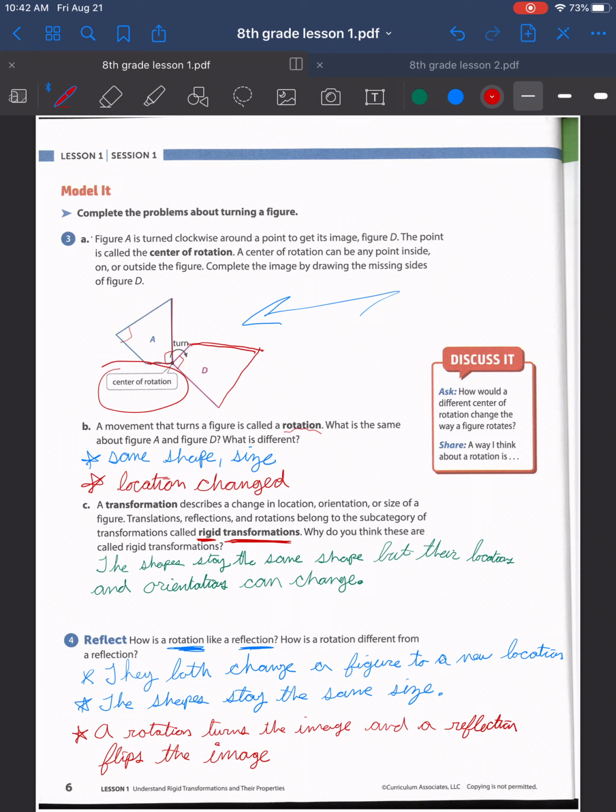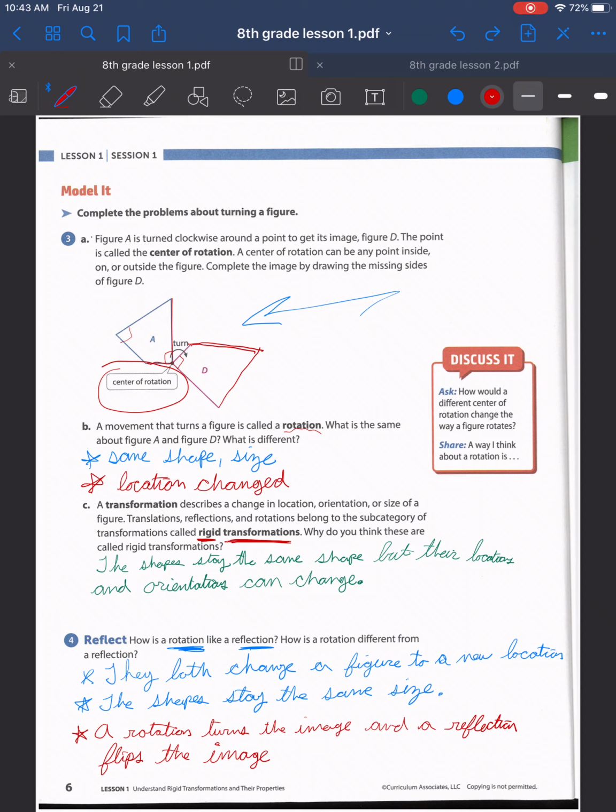Okay, so that is the end of lesson 1. Remember, we have rotations, we have reflections, we have slides, which are called translations. Those are all things that we're going to be learning about this lesson. If you turn the page to page 7 and 8, you will see that it's a little bit different. It's green instead of blue like the pages we've been doing.